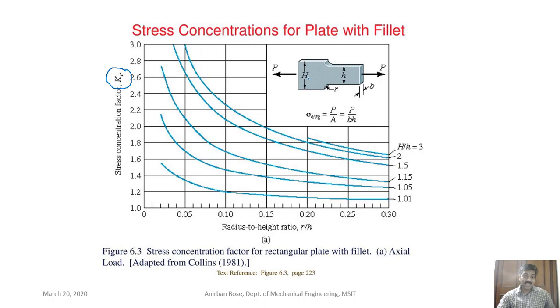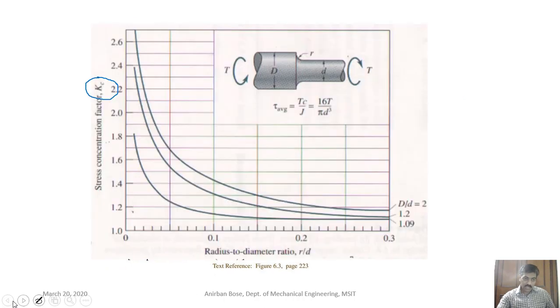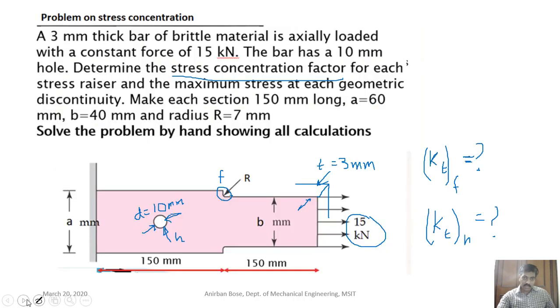So what is H, capital H? You see each of these curves corresponds to some capital H by small h value, and the x-axis corresponds to r by h value. So you have to know what is H by h in our case and what is r by h in our case, right? So let's see what these quantities are.